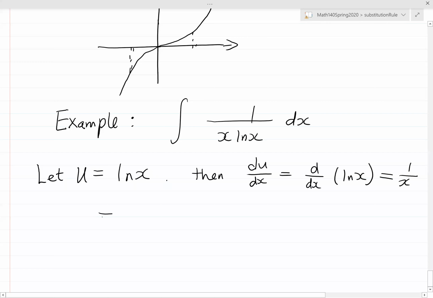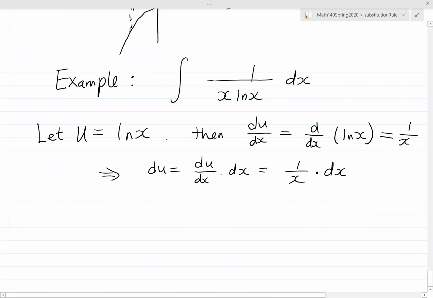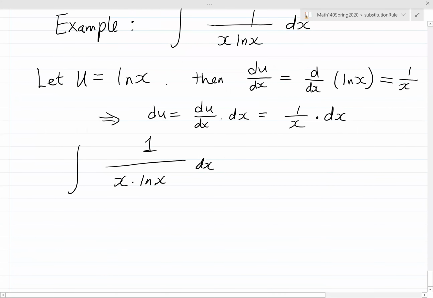Then du is du over dx times dx, which is 1 over x dx.